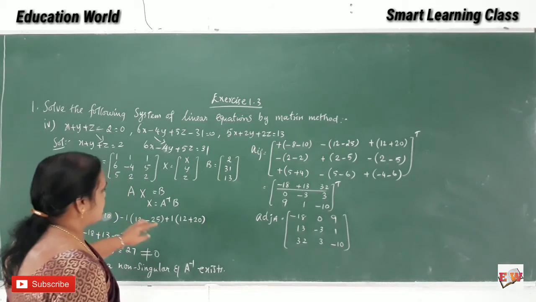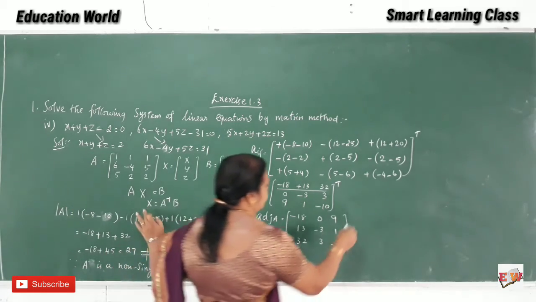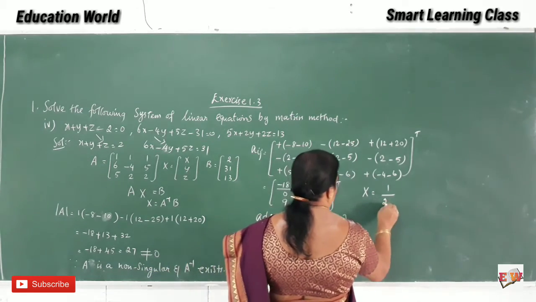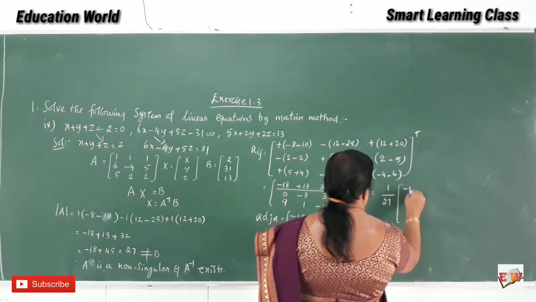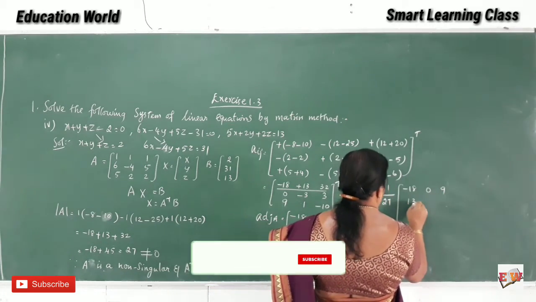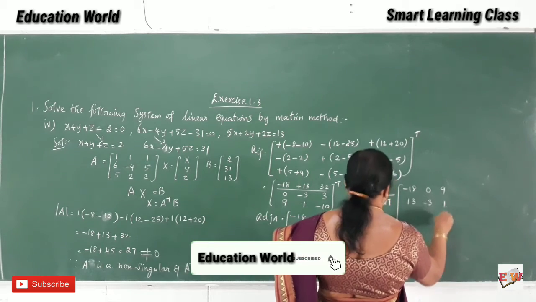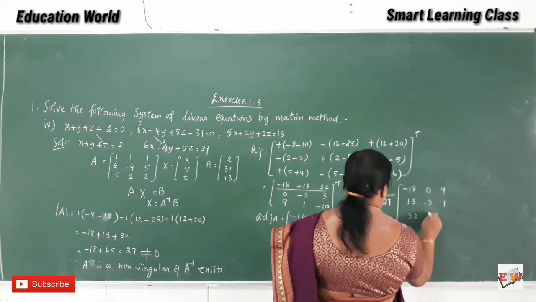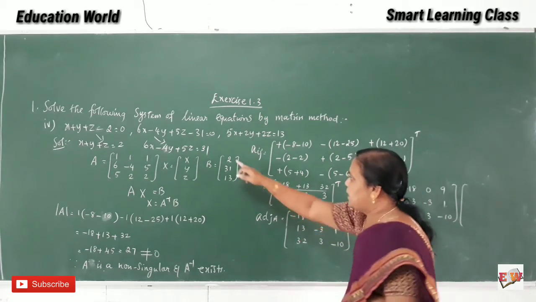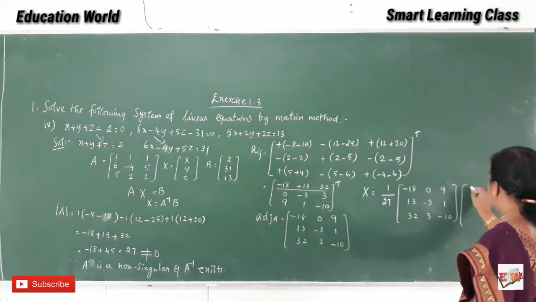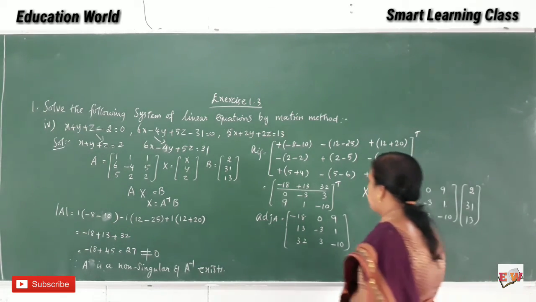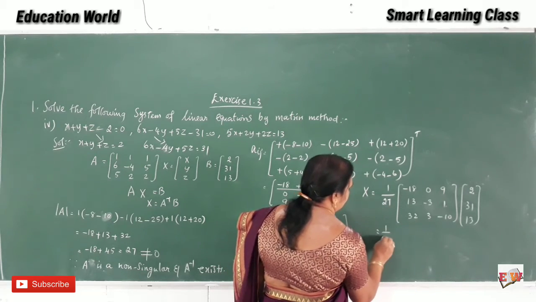Now I substitute the A inverse value. x is equal to A inverse, that is 1 divided by 27 into the adjoint: minus 18, 0, 9; 13, minus 3, 1; 32, 3, minus 10, into B. What is B? 2, 31, 13. Now the matrix multiplication.